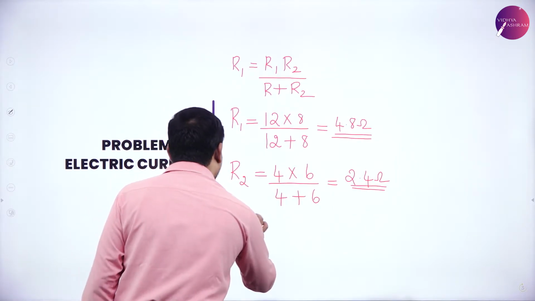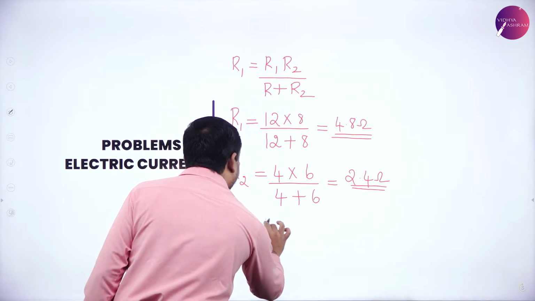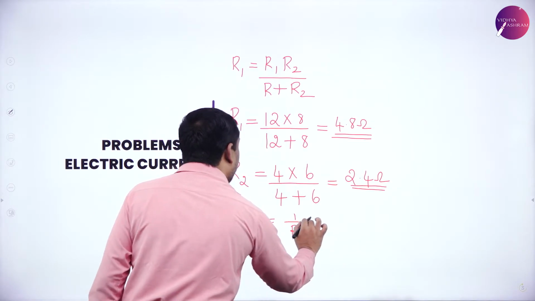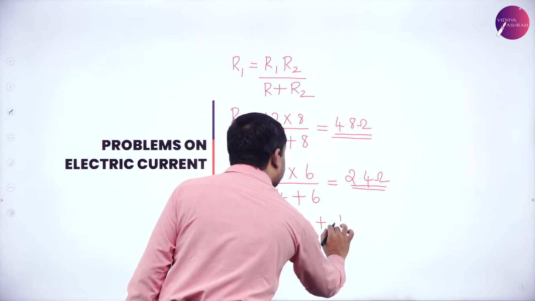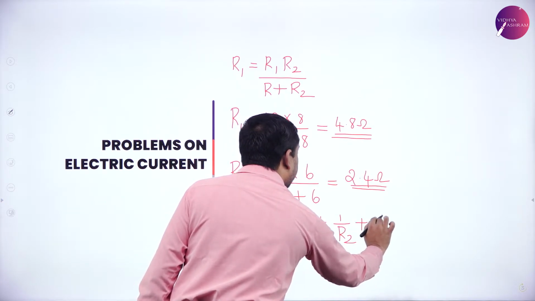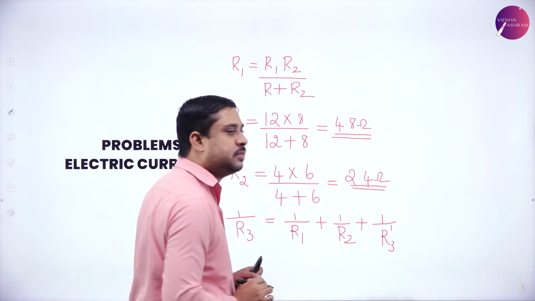Therefore, now 1 by R3 will be equal to 1 by R1 plus 1 by R2 plus 1 by R3 dash.